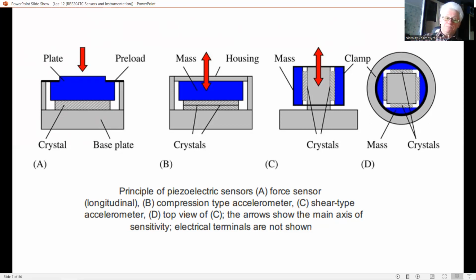In a piezoelectric pressure sensor, the pressure to be measured is applied to a thin metal membrane. The total force on the membrane, that is the pressure times the active area of the membrane, is mechanically transferred to the crystal.